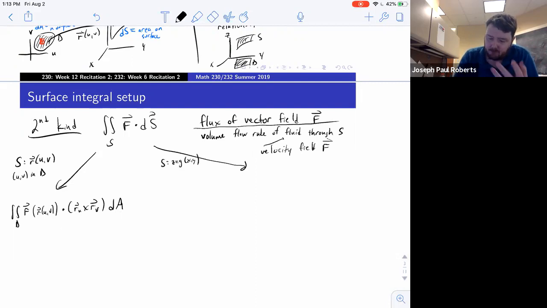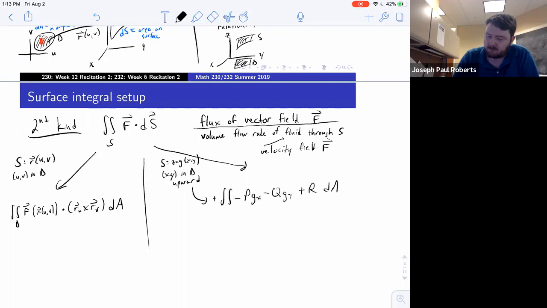Okay, and then we also have a graph shortcut. And so in this case, F, remember P, Q, and R are our default component names for our vector fields.